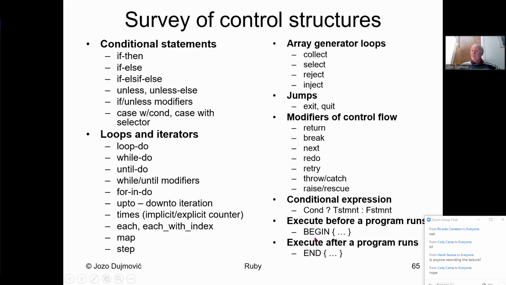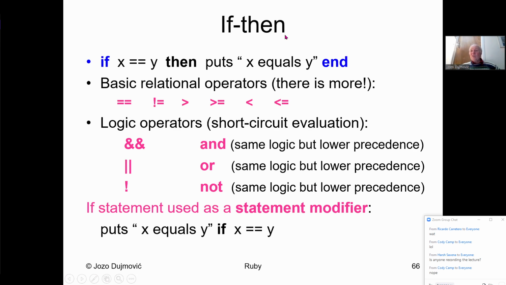So you can have BEGIN and END that have something that is executed before and after. So this is a very rich set of control structures that gives you all possible capabilities for procedural programming, very easy and with high expressive power. Now, let us start to study them.